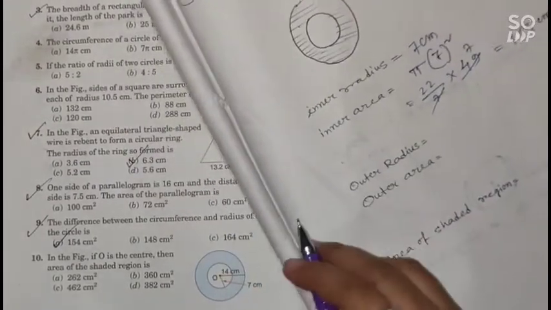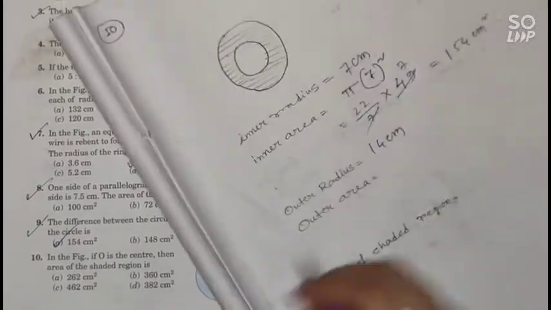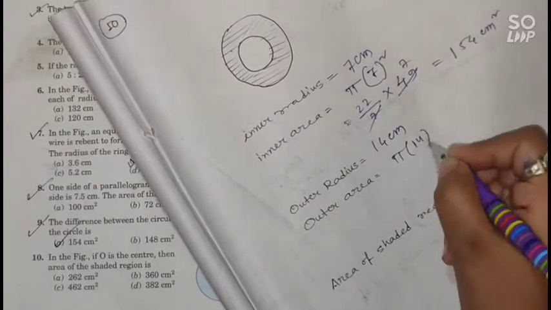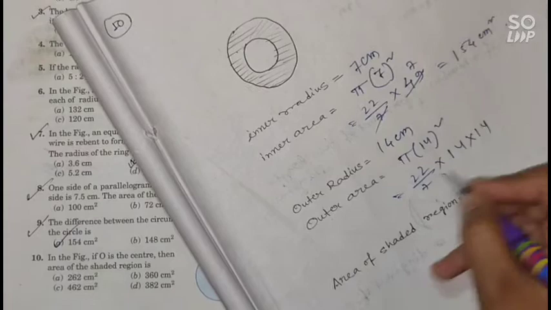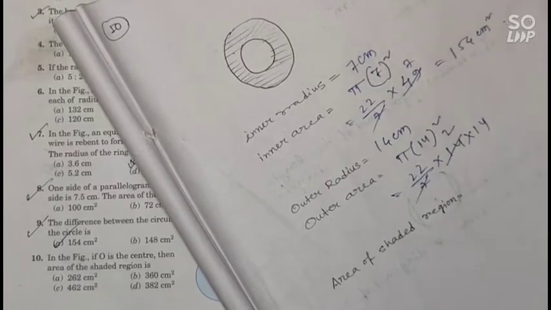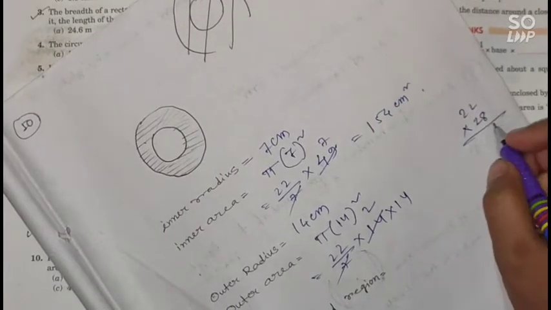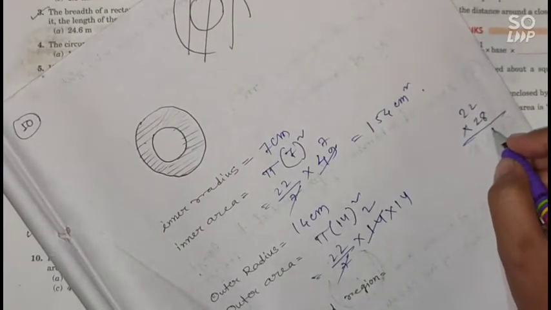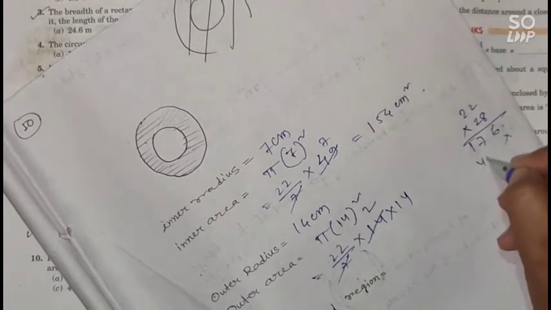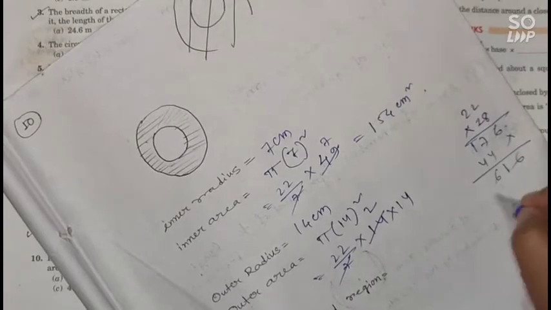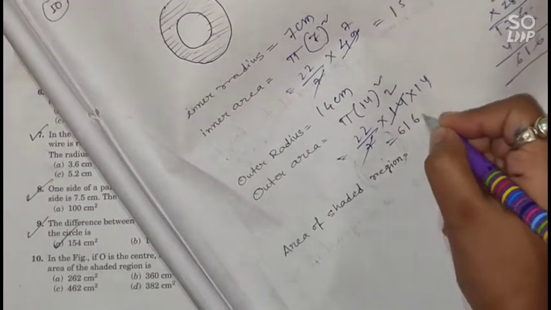Outer radius will be 14 centimeter, so the outer area will be pi into 14 square, that is 22/7 into 14 into 14. So this will be 22 multiplied by 28, which is 616 centimeter square.